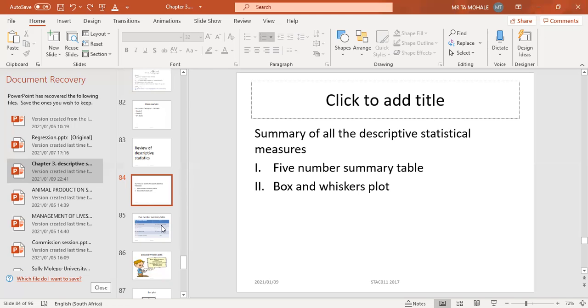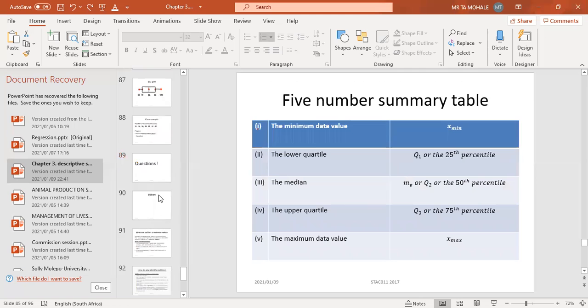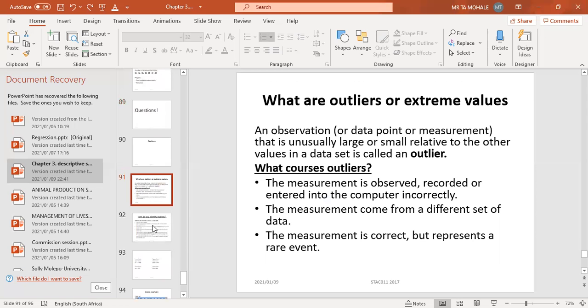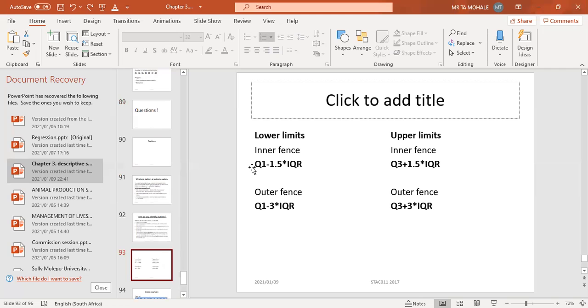So are you struggling with the calculations of those? No. Okay. These are the formulae. The IQR is just the interquartile range. You take your Q3 and subtract your Q1 to get your interquartile range.